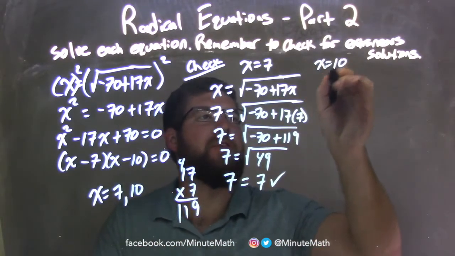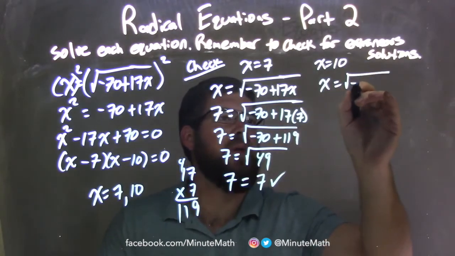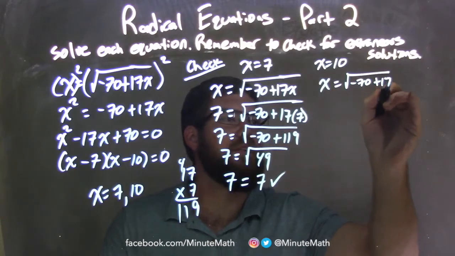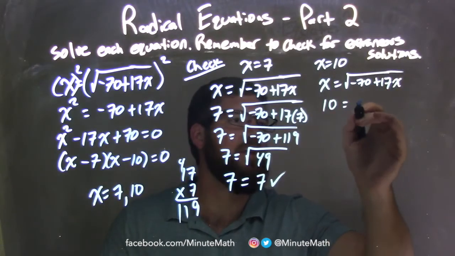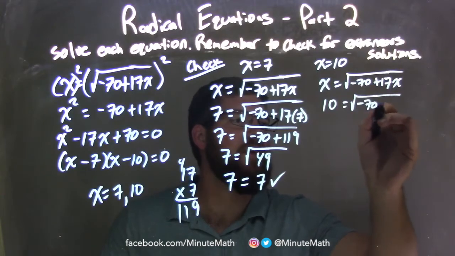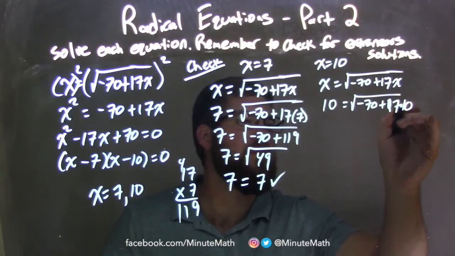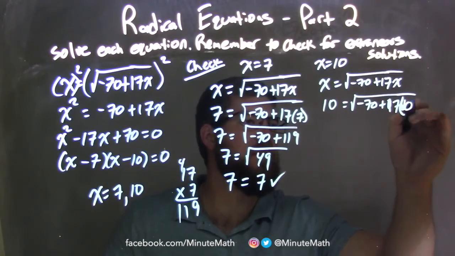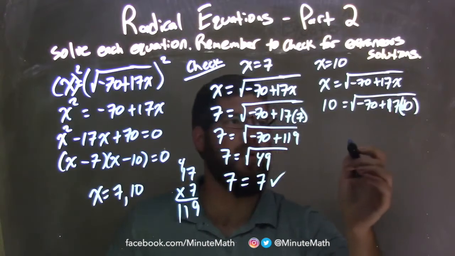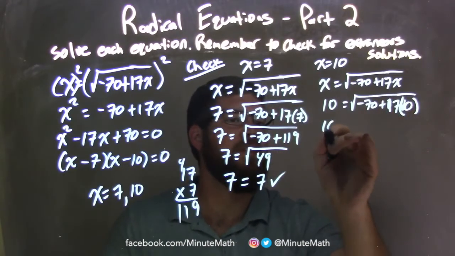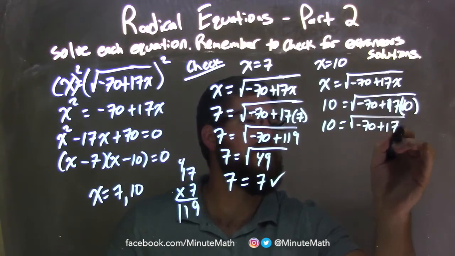So x equals 10 here. Rewrite my original equation. Don't skip that. Negative 70 plus 17x. Plug 10 in: 10 equals the square root of negative 70 plus 17 times 10. Parentheses, it's getting messy. 17 times 10 is 170, so 10 equals the square root of negative 70 plus 170.